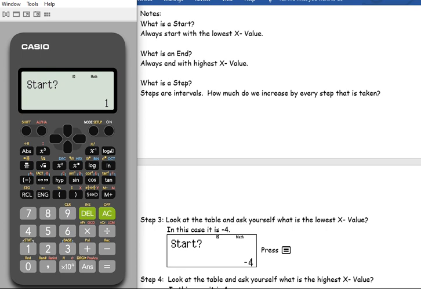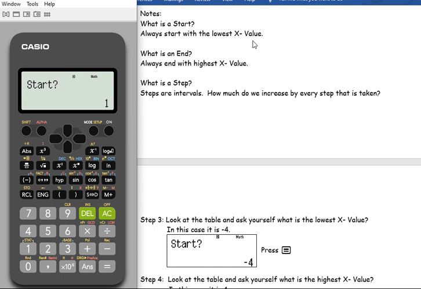Now, to answer these questions, firstly, your calculator asks you, where am I starting? To answer this quite clearly, we are always going to start with our lowest x values. Where am I going to find these x values? I can either find them on my x-axis, or I'm going to find them in my table that was given to me.